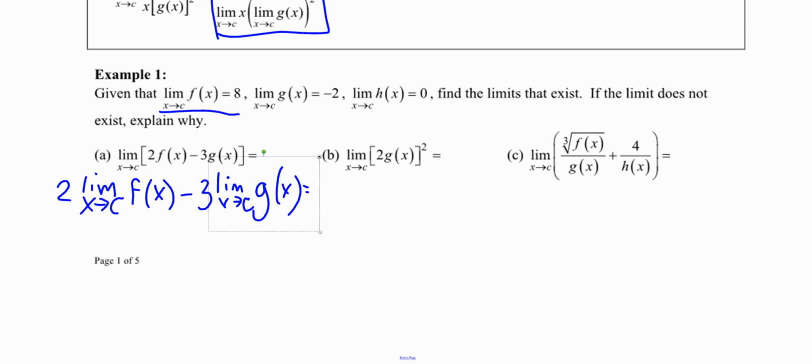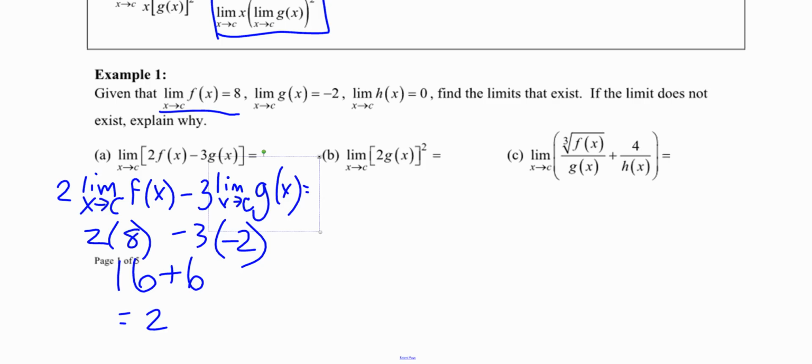Doing it that way, you can use what you have above. The limit of f of x as x approaches c is 8, so we have 2 times 8 minus 3 times -2. So we have 16 plus 6. Our answer for this would be 22. For the next one we can bring that power. Remember, we could bring that out.